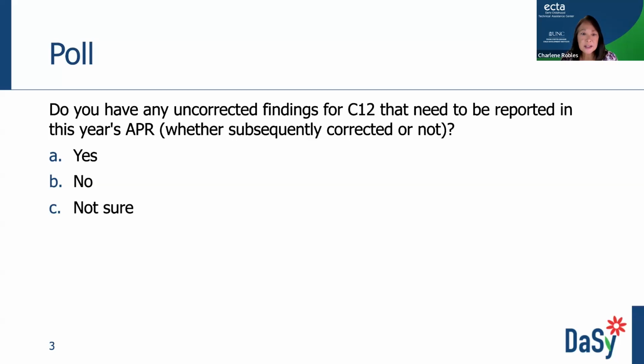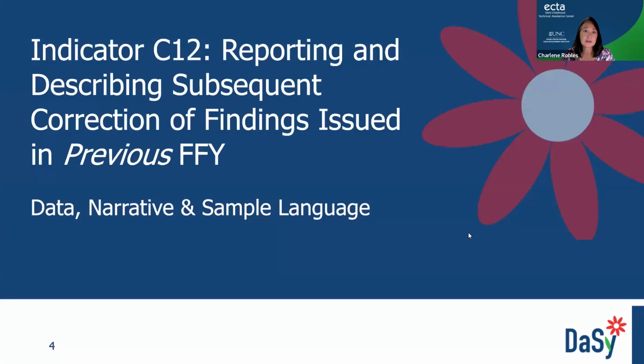So we see that at least almost half of you have a subsequent correction that would need to be reported, and the other half are not sure or no. All right, thank you. We can go to the next slide, and I'm turning this over now to Ginger and Anne to take us through.